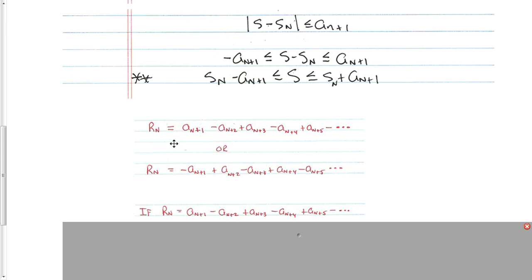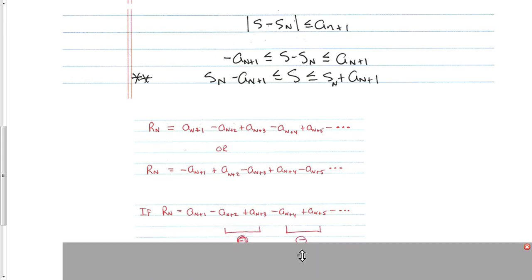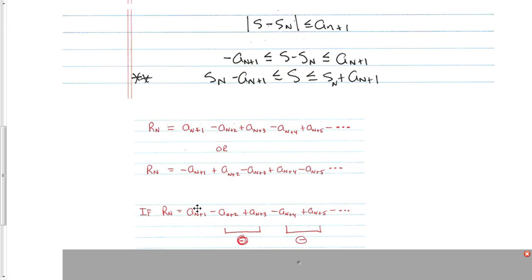Well, let's consider this first case real quickly. If R sub n actually is like this, here's what we can do. We can leave the A sub capital N plus 1 alone, and pair up the next two terms and then the next two terms. Notice when we add these two terms together, we're going to get a negative, because the A sub n's are getting smaller.